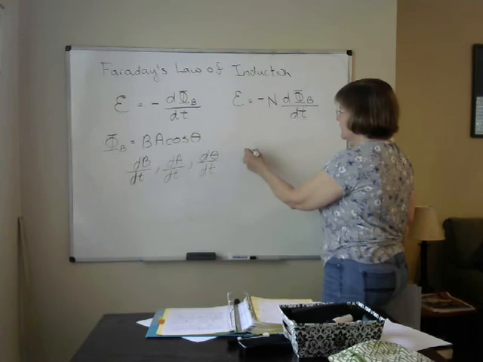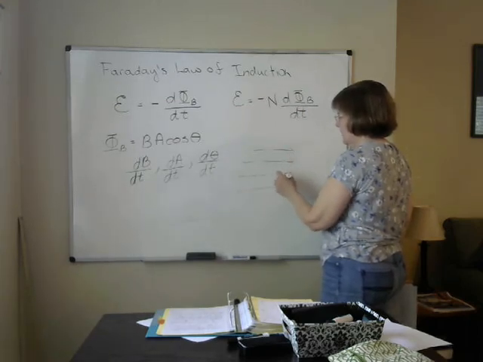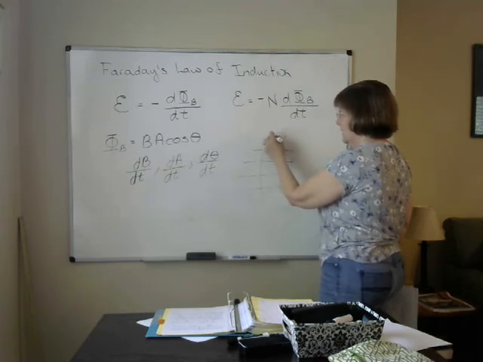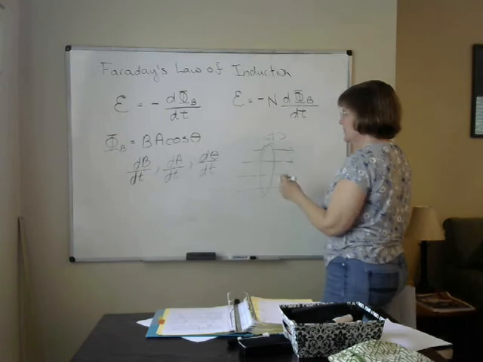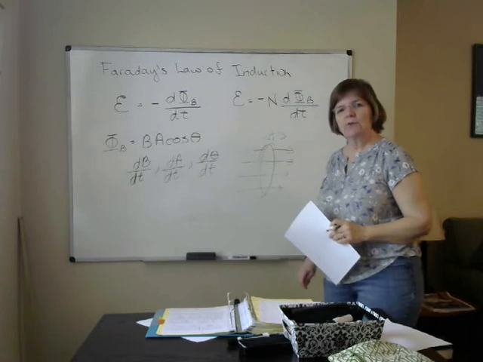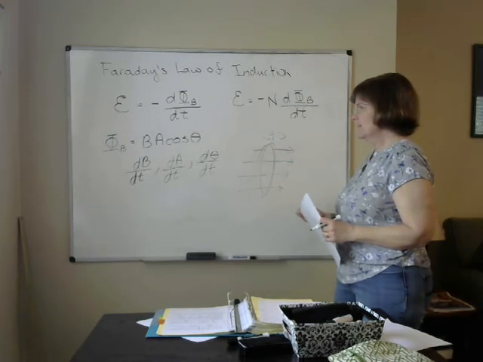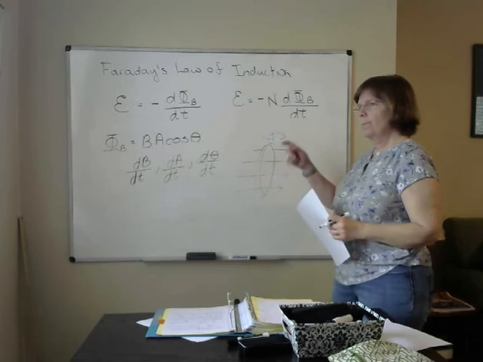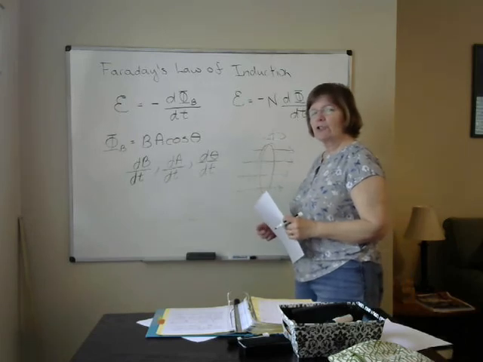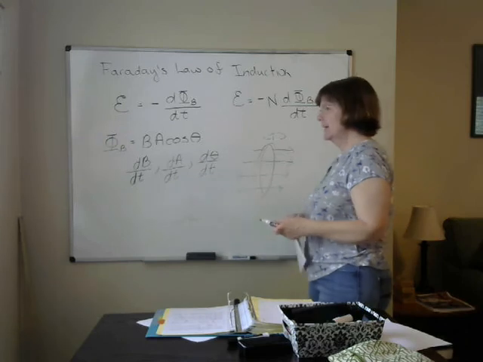If I had a magnetic field that went this way, but I have a loop here that's spinning, or a whole bunch of loops that are spinning, some of the time all of it's going through, some of the time none of it's going through, but I will get that constantly changing flux. Where you see dams and where they use falling water, that water is actually used to turn the turbines inside of that magnetic field.